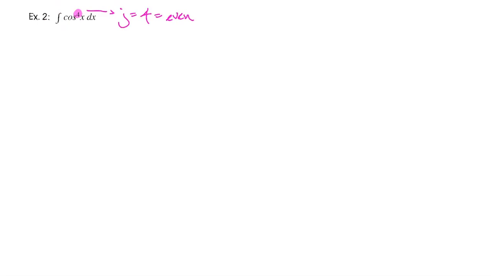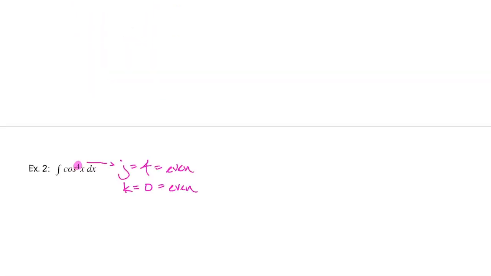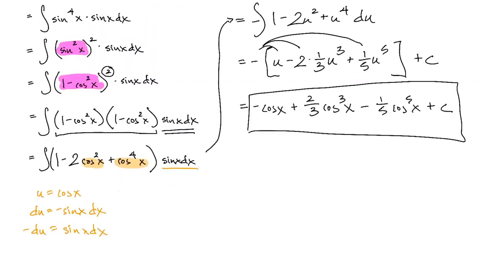Now, if I think about what k is, like what is the power of sine, there's not even a sine in the integral, so the power of sine is 0, and that is also even, okay? So this is like the very last step that we showed in those 3 steps there, which is a situation where we can't just say, let's make it into a U sub situation.